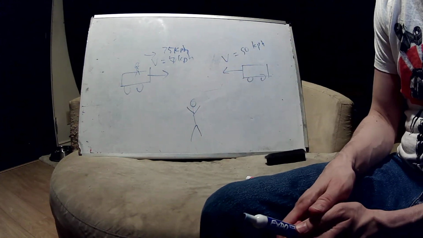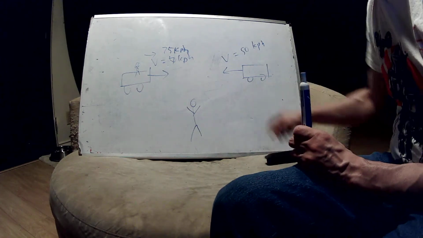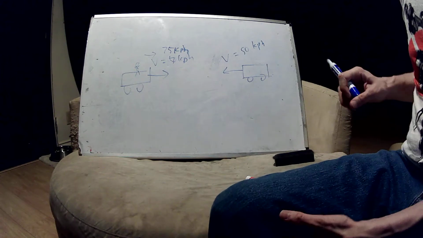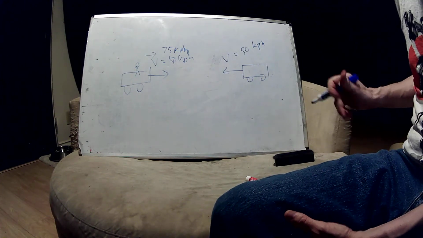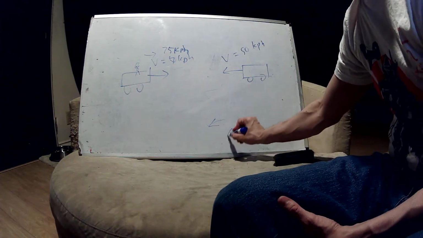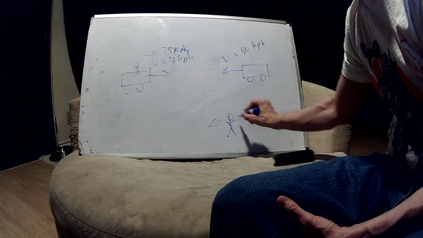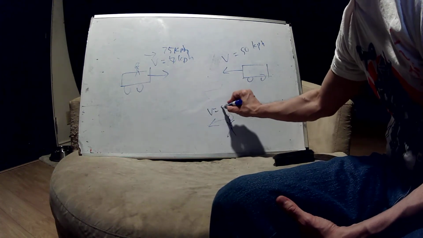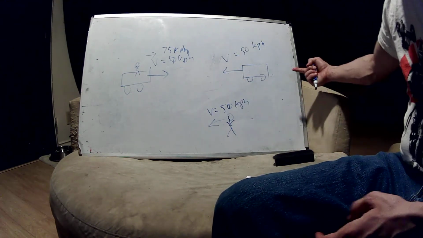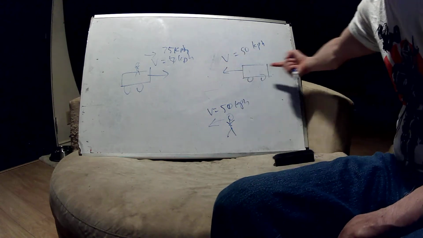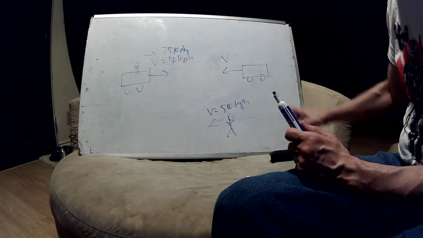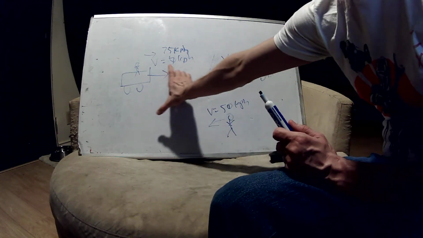Now, let's say that you had the same frame of reference as this car. Let's say you had a jetpack or something, and you just so happened to be moving with a velocity of 50 kilometers per hour. And that would mean that while this car is also moving at 50 kilometers per hour, it looks like it's moving at the same speed next to you, right?